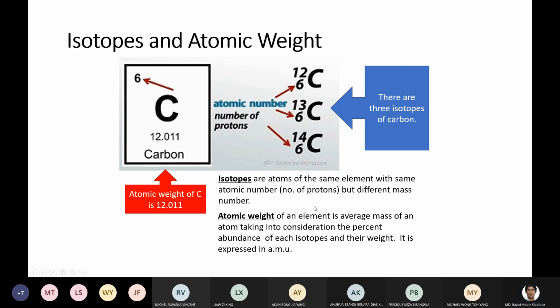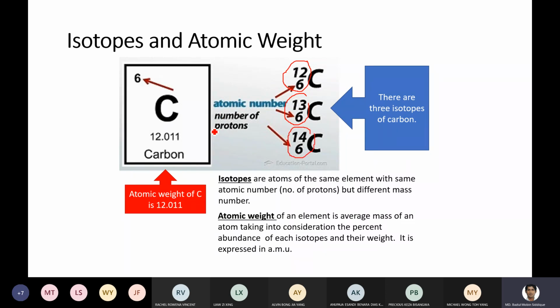And when the neutrons are not the same, we call them isotopes. For example here, we see that carbon is 12 and 6, 13 and 6, 14 and 6.